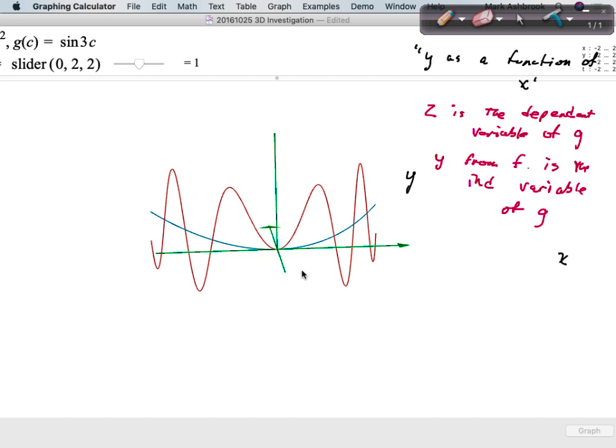You could still graph it as a function of x along this blue curve. But then what would be different? It would go down at the left of the origin like your sine graph does, right? For these x values over here, it would come down and go down and up. But instead it goes back up. Why? So that's the thing. Why, right?